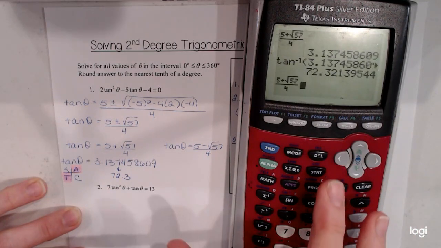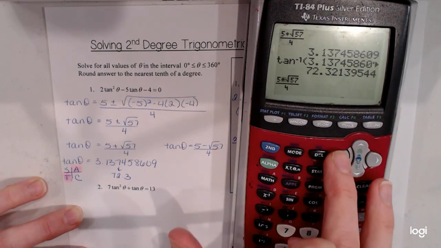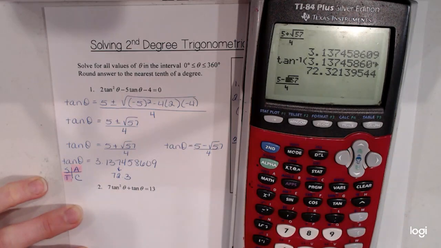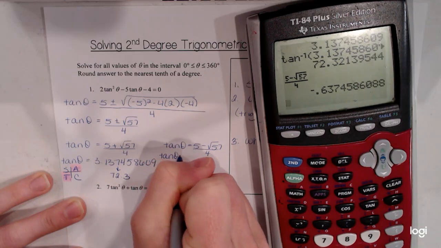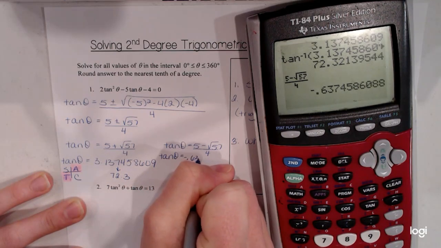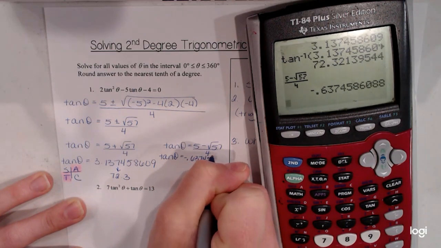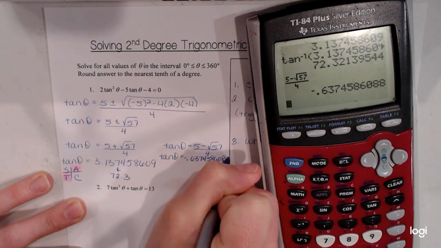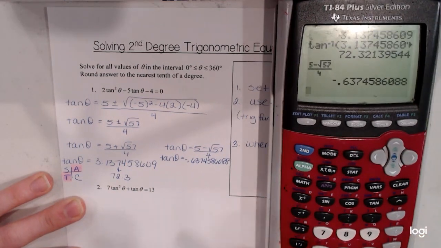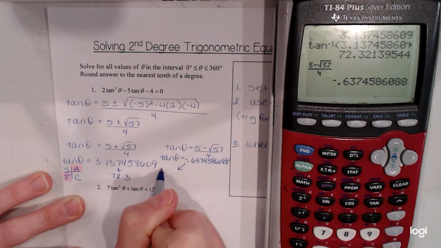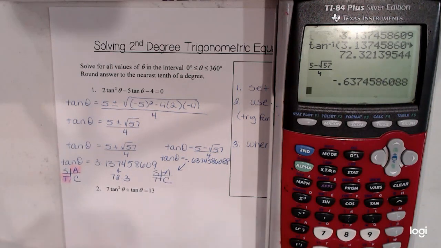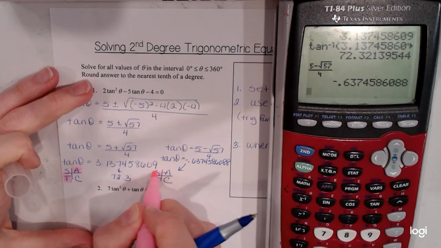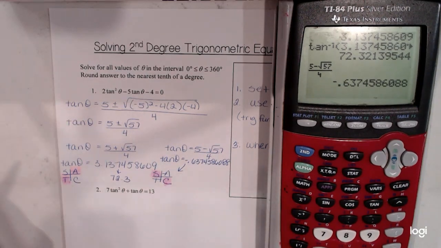Now I'm going to come over here, take a little shortcut. I'm going to copy and paste that, except I'm going to make it a minus the square root of 57. That tells us tangent theta equals negative 0.637458608. When we do the where are you, what are you, tangent is negative here, so that's in quadrants 2 and 4.